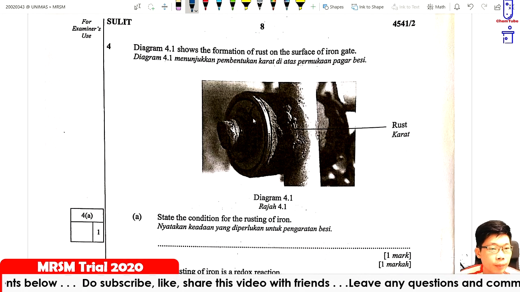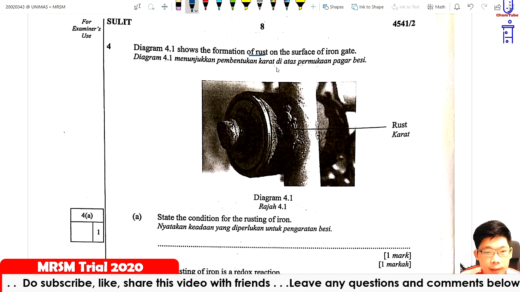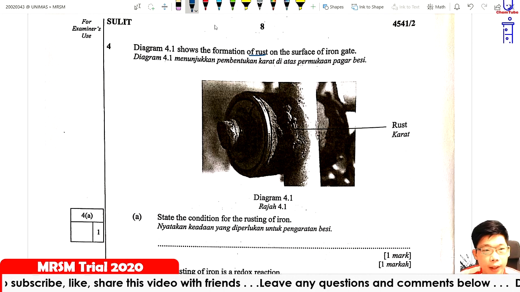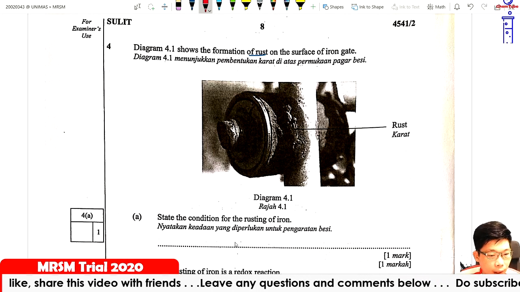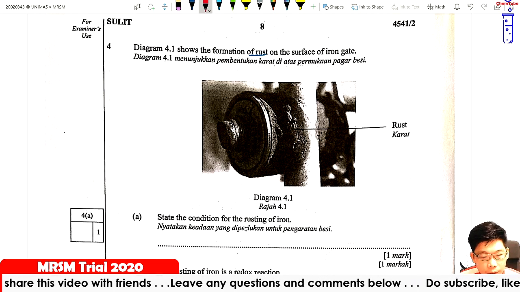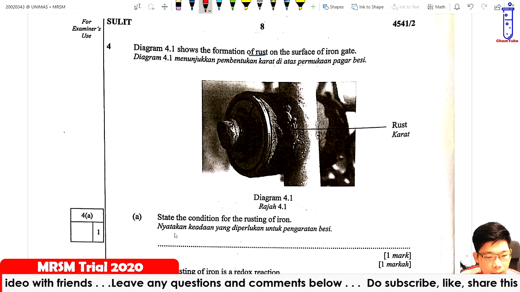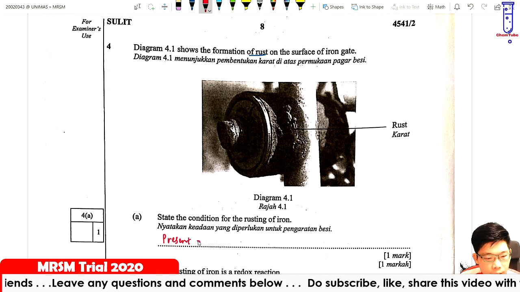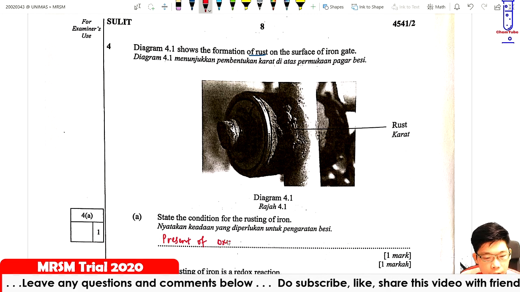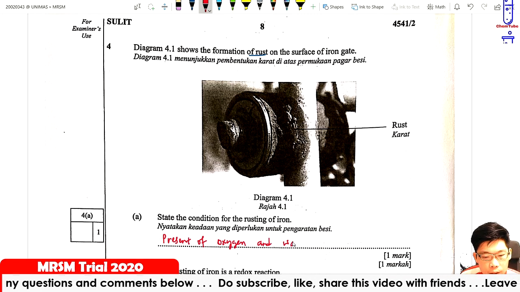Question number 4. Diagram 4.1 shows the formation of rust on the surface of an iron gate. So now A, state the conditions for the rusting of iron. So rusting must have the presence of oxygen and water.